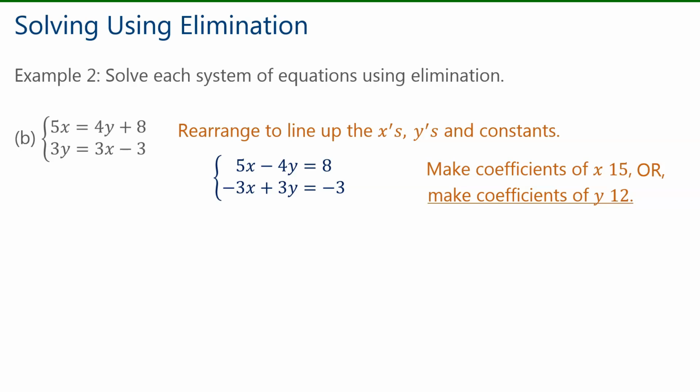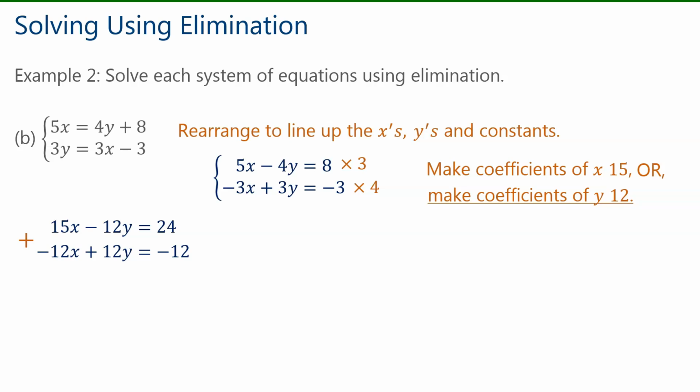So now if I want to make the top equation -12y, I need to multiply the whole equation by 3 then. And if the bottom equation is going to be a +12y, I just need to multiply that one by 4. So now if I multiply the top equation by 3, I will get this. 15x minus 12y equals 24. And the bottom equation would be -12x plus 12y equals -12.